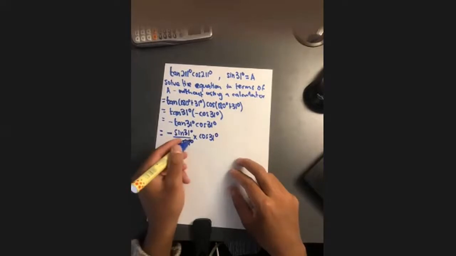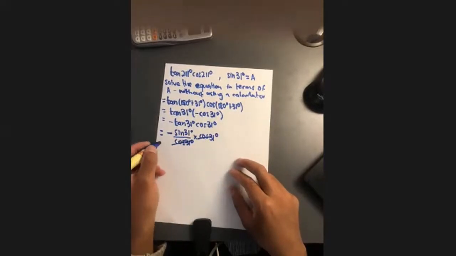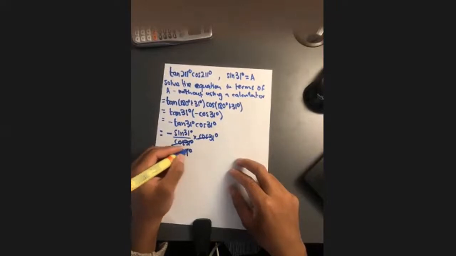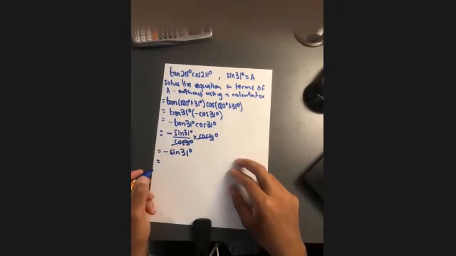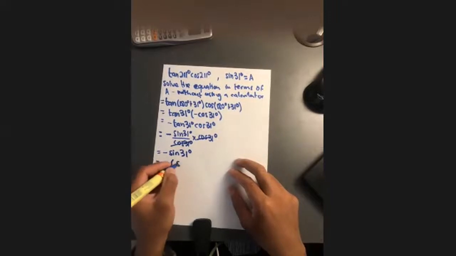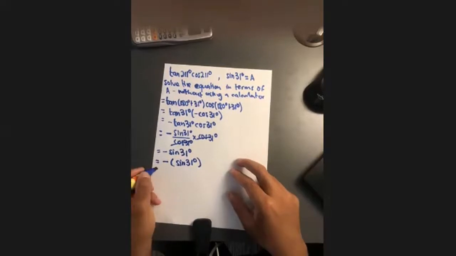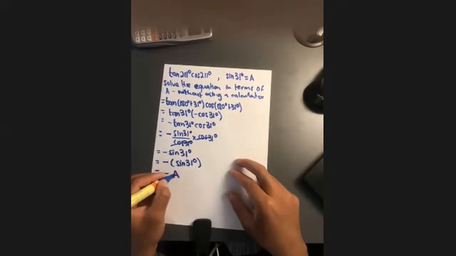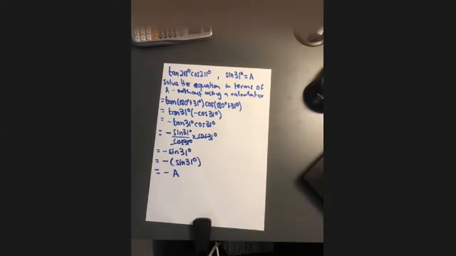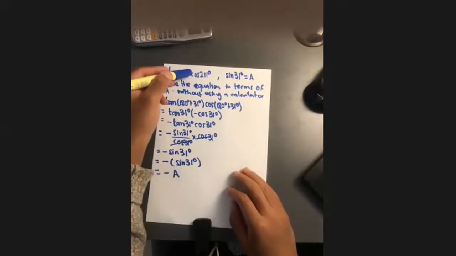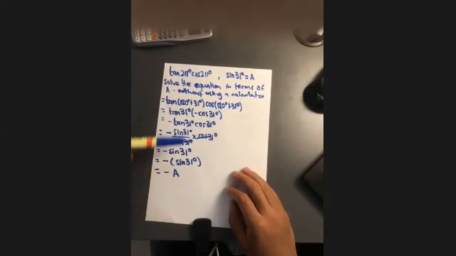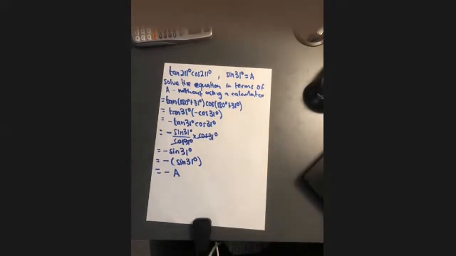Now this can cross divide, and you're left with minus the sine of 31 degrees. But we also know that the sine of 31 degrees is just equal to A. So now we've achieved writing this expression in terms of A, which is just minus A.